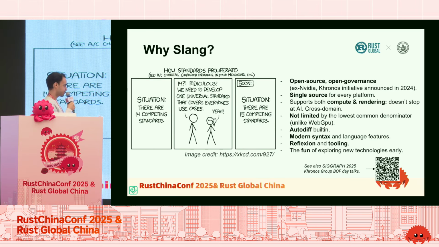Reflection. So reflection is the ability for you to query the Slang compiler for information about the Slang shaders you are compiling. The key element here, I think, is that if you are familiar with dealing with rendering GPU shading languages, you always have to deal with these binding groups and binding indices.